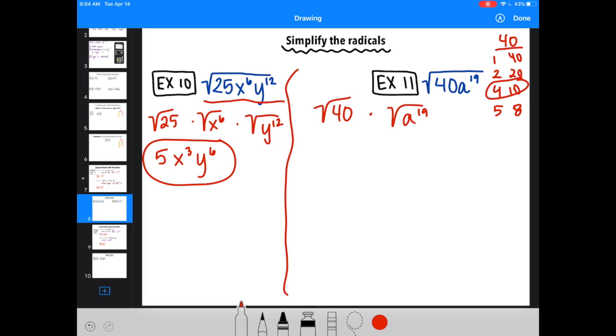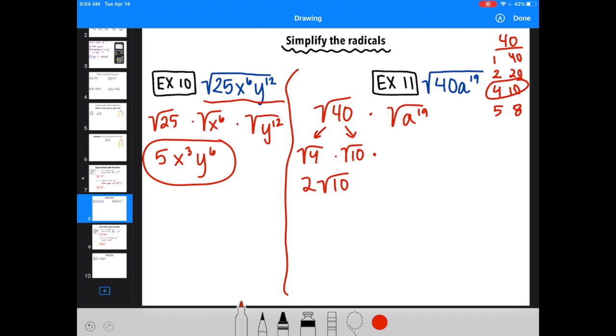Well, that would be 4. So the square root of 40 is going to break up into the square root of 4 multiplied by the square root of 10. The square root of 4 is 2, which leaves me with just the square root of 10. Okay, I have that part simplified.